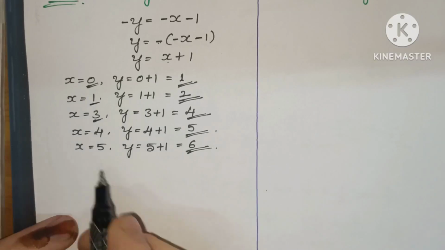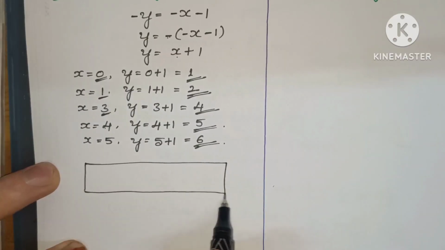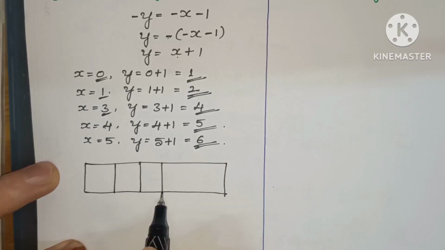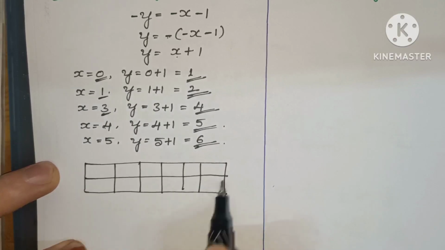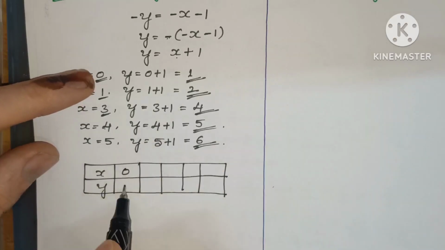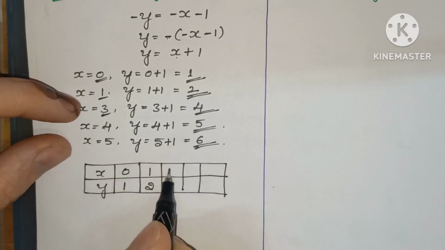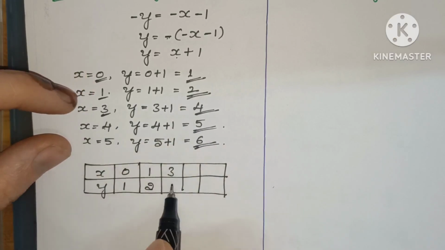Now we will write all these values here. We will put one table. Now this is x, y. X is 0, then y value is 1. X is 1 means y value is 2. Sorry, we have skipped 2, no problem.